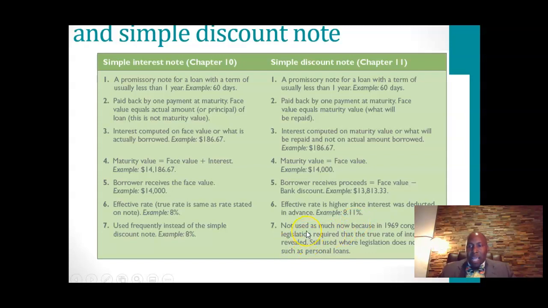So that means that if you have this type of loan, although they give you the stated interest rate, they must also reveal the effective interest rate because once again, the discount is deducted from the face value in advance. So it makes the effective interest rate higher than the stated interest rate.